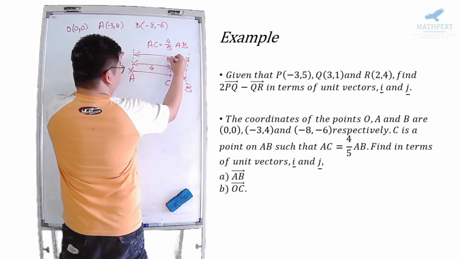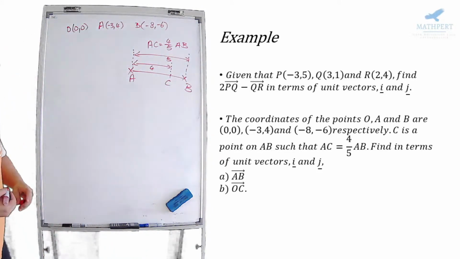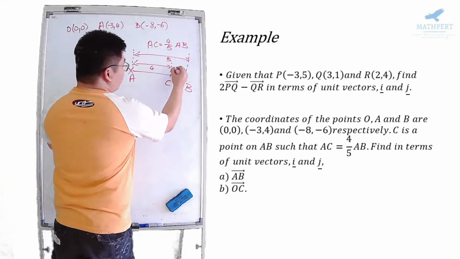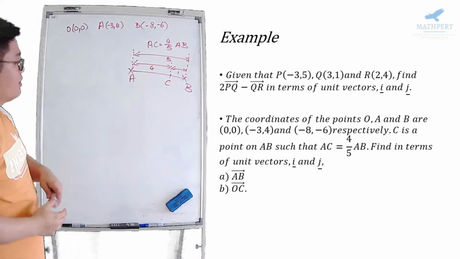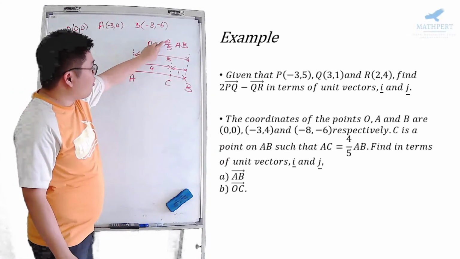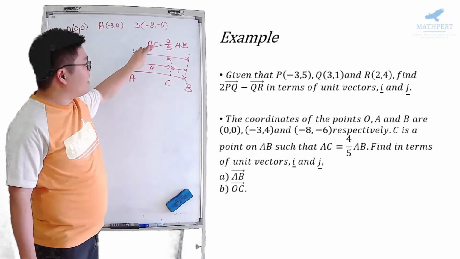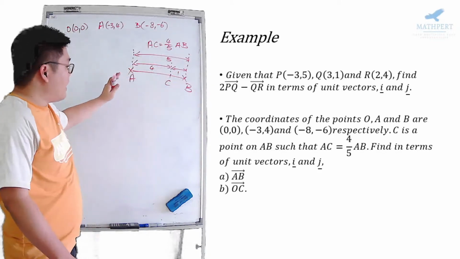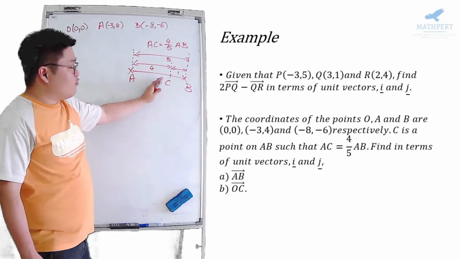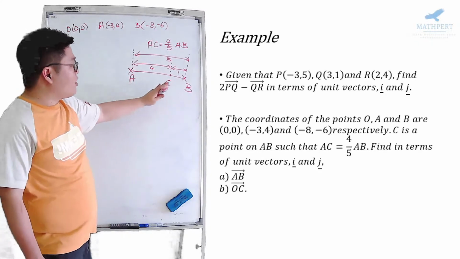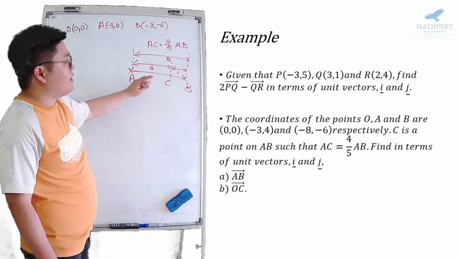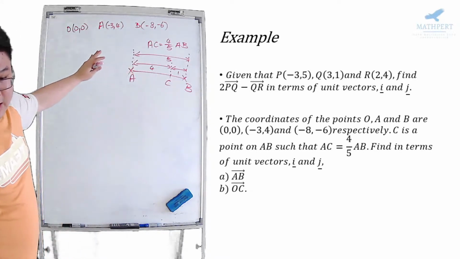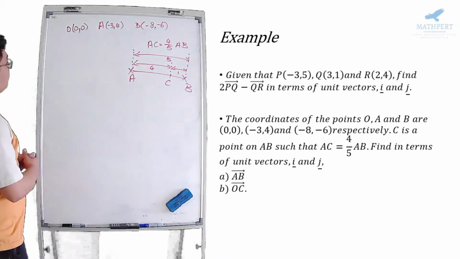So that means 4, here it is 1. AC is equal to 4 over 5 AB. That means I divide the AB line into 5 parts. AC occupies 4 parts, then CB occupies 1 part. So we are asked to find AB.